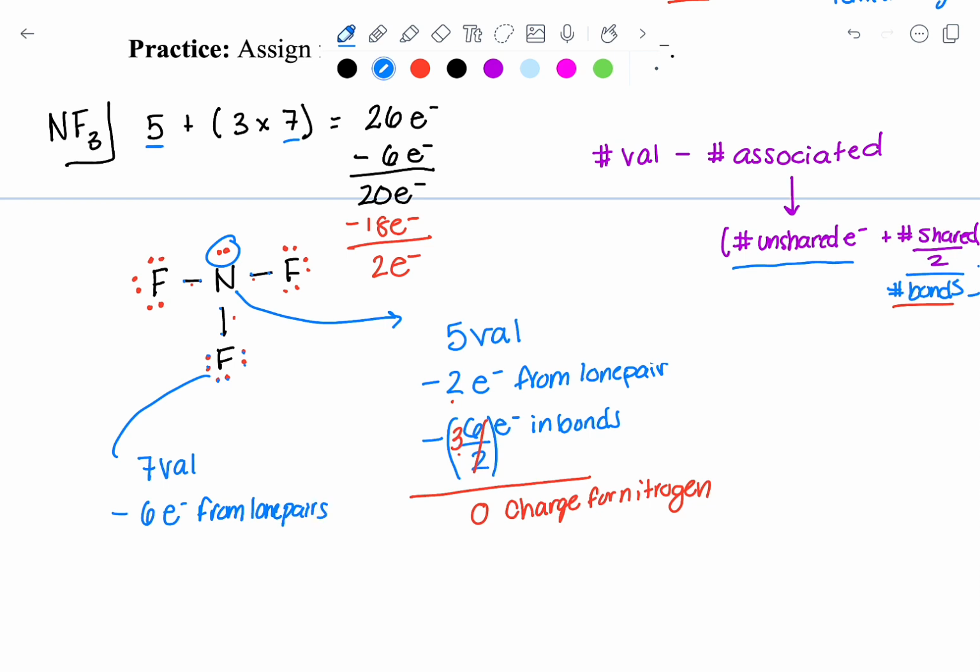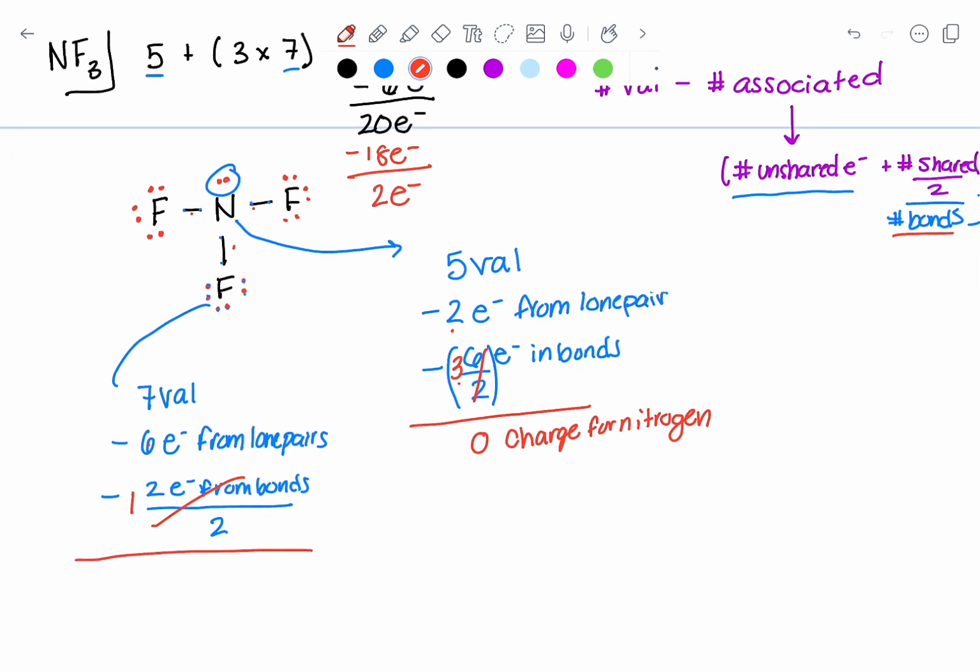And then each fluorine has 1 bond, each bond has 2 electrons, so we're going to subtract off 2 electrons from bonds, but divide that value by 2, which we can simplify to 1, right? 2 divided by 2 is 1. You could also see that as each fluorine has 1 bond. So in total, we take 7 minus 6 minus 1, so that's in total a 0. We subtracted off all 7. So 0 charge for fluorine.